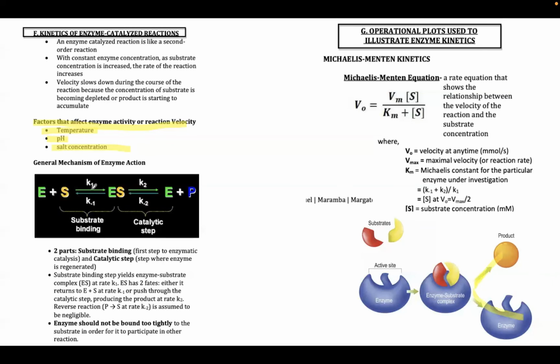So, kung bakit po may K1, K2, K negative 1, K negative 2, para po yan dito sa ating formula for the Michaelis-Menten kinetics, which we will not discuss further kasi medyo complex na siya. Sobrang haba na siya. In a way na dapat magkaroon tayo ng separate discussion for this. Okay? Pakiaral lang po kung ano yung ibig sabihin ni Michaelis-Menten kinetics kasi it involves this formula. But basically, hindi na tayo mag-dwell on dyan.